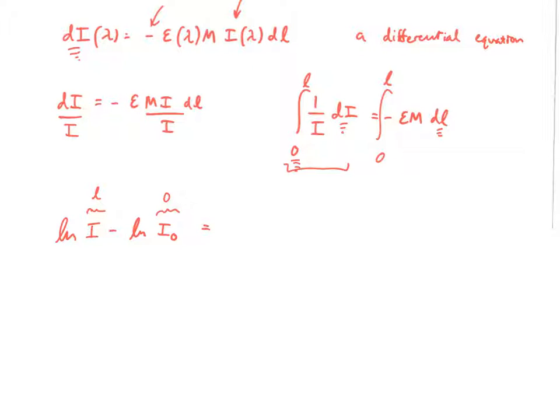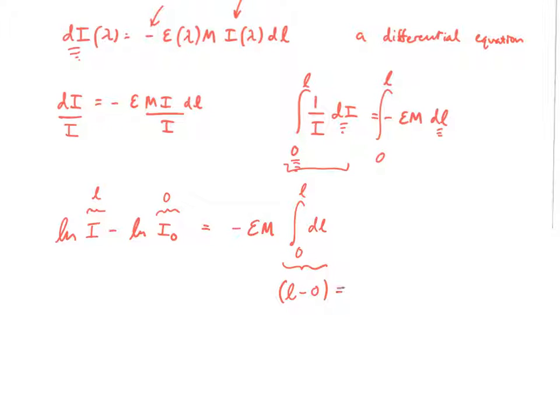Okay, and then the integral on this side, I just can pull the epsilon and the m out because I can assume they're constant all throughout the sample, and then I get the integral from 0 to L of dl, and that just becomes L minus 0.